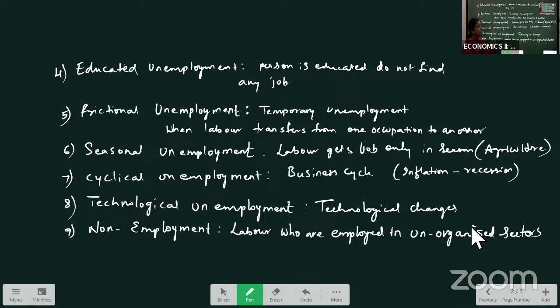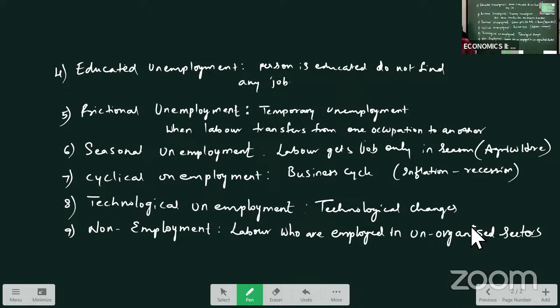They are not coming under employment, but still they are working. They are working in the unorganized sector, like house servants. We don't call them employment. So that situation is called non-employment: people who are working in household activities or in an unorganized sector.